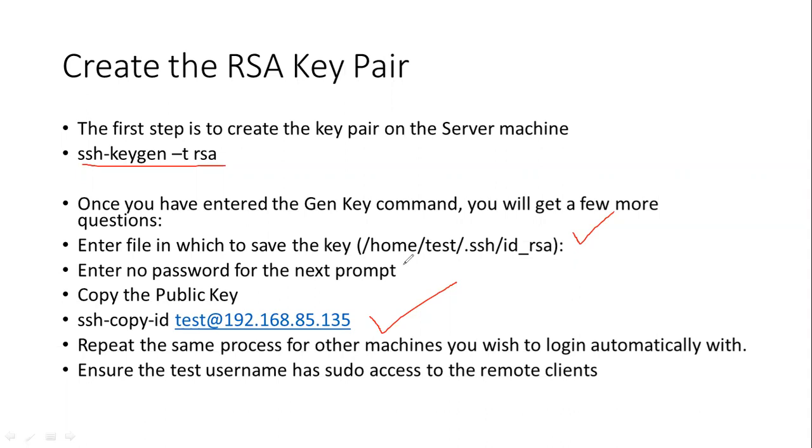Whether you want passwordless authentication or not is your choice. If you don't want it, this is not needed, and you can directly supply the credentials. But every time you execute a playbook, it will ask for the credentials and passwords. If you go with the key, you just repeat the same process for all your machines to log in automatically.